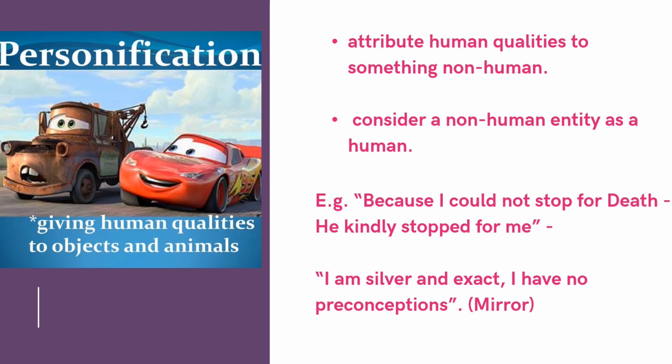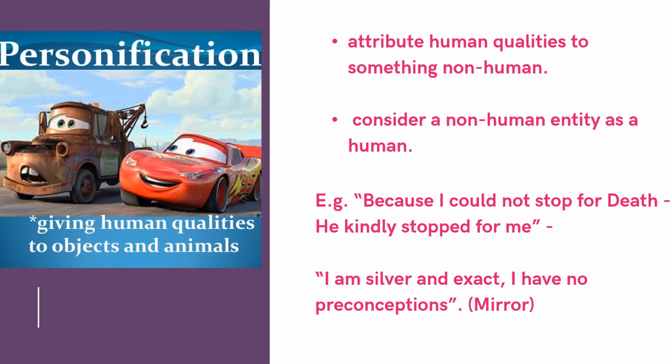Here, the poet is using the pronoun he. And we know that he is very much human and death is not at all human. It's a concept, right? Anyway, this kind of attribution is known as personification.